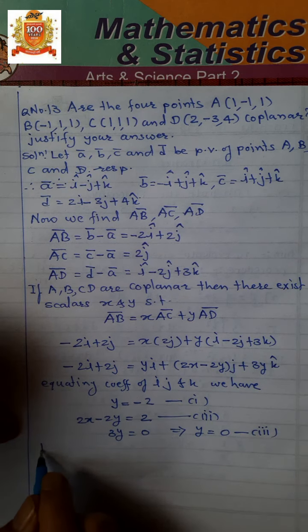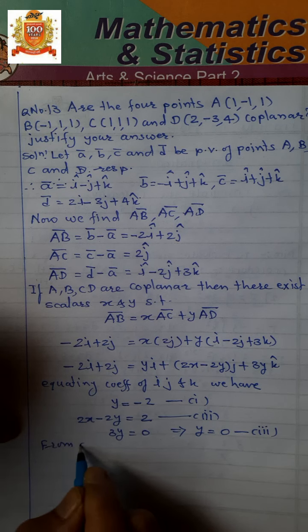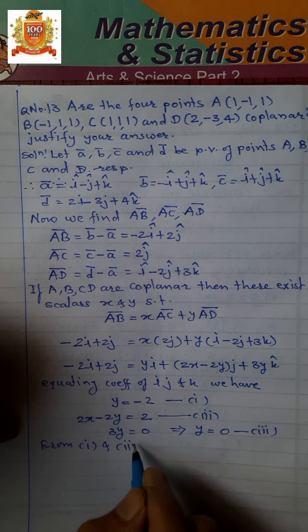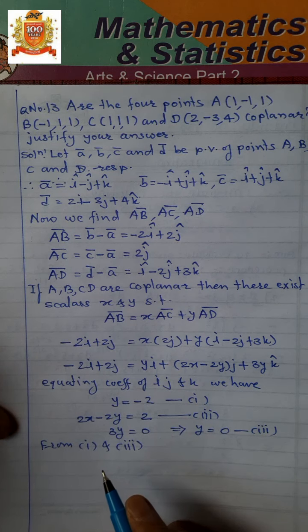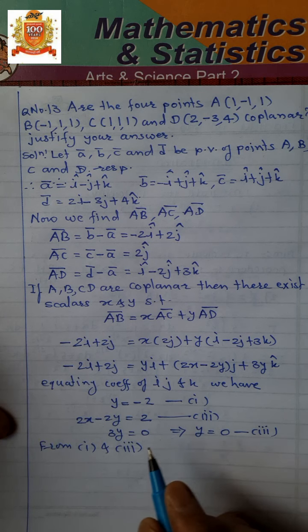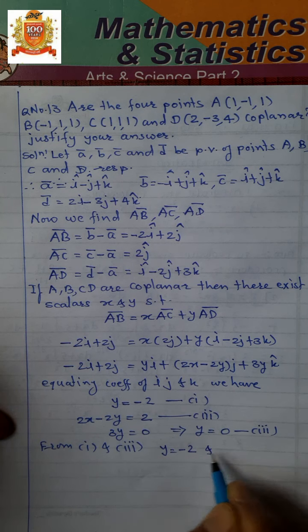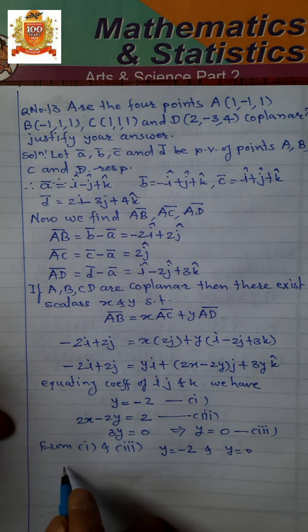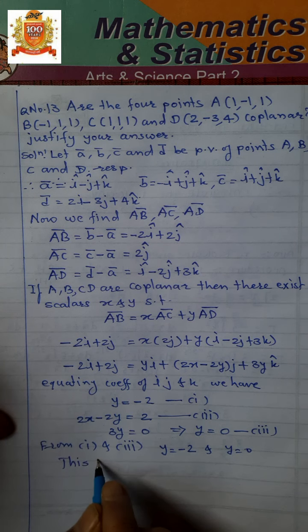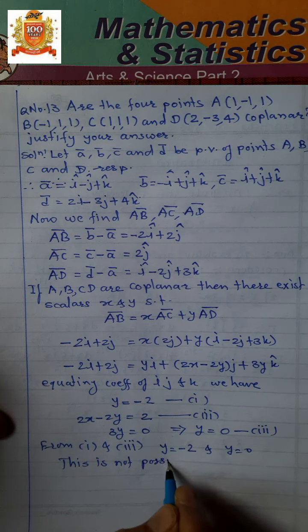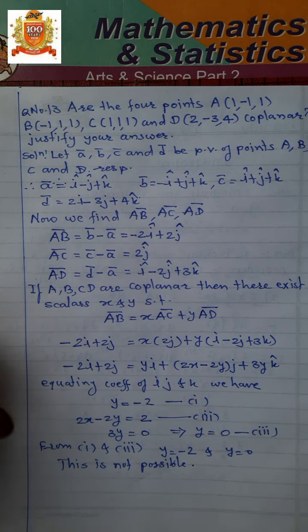From 1 and 3, y is equal to minus 2 and y is equal to 0. This is not possible.